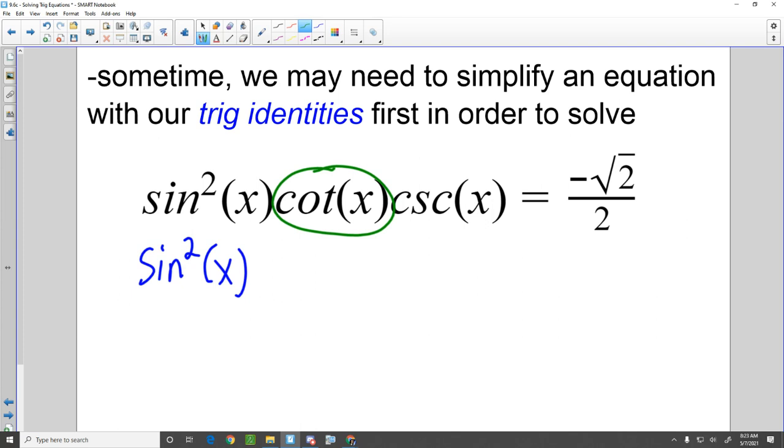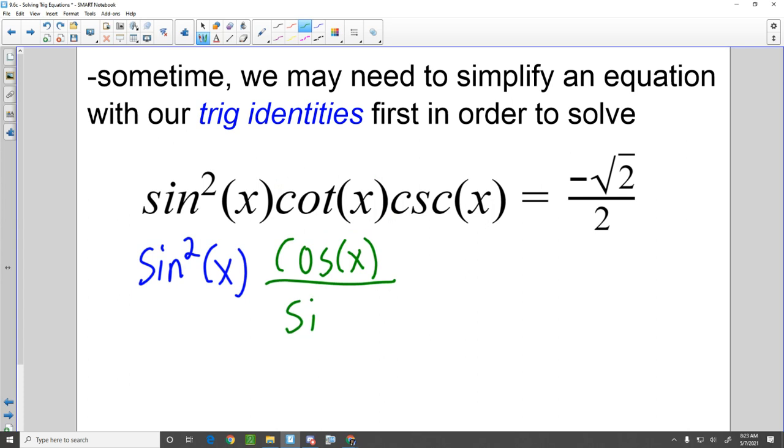Exactly. That's one of those 2 quotient identities. So I'm going to rewrite cotangent as the cosine divided by the sine. Quotient identities. Right there. Okay. Cotangent.